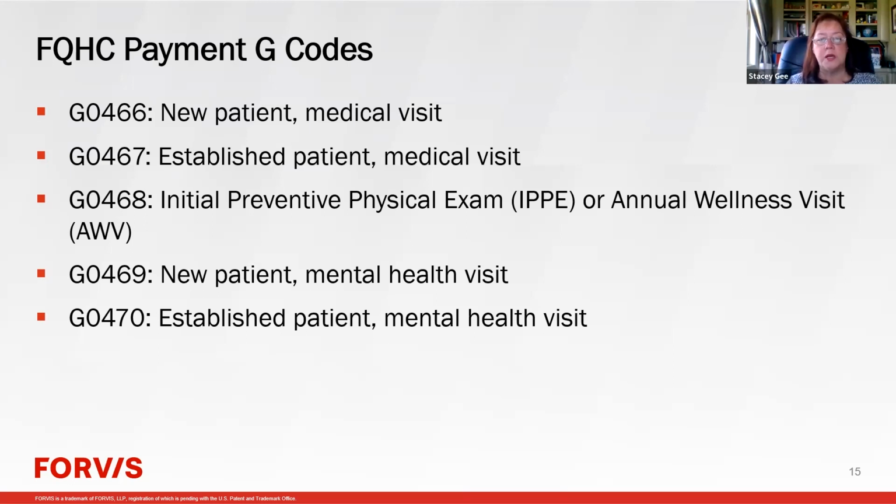You've got one for a new patient, one for an established. The G0468 is going to be your IPPE or your annual wellness visit. And then the G0469 and the G0470, those are your payment codes for your mental health visits for both a new patient and an established patient.